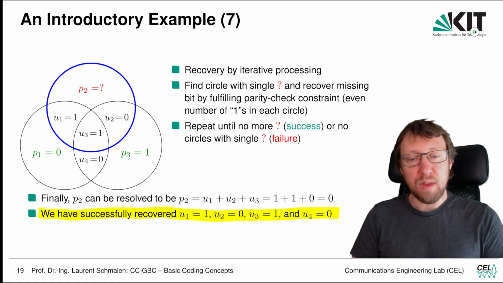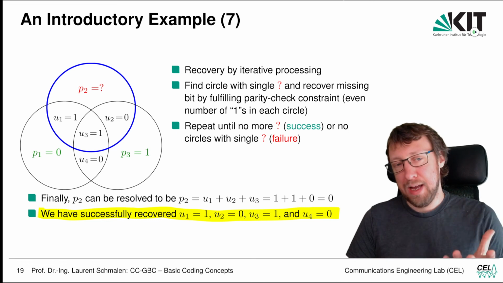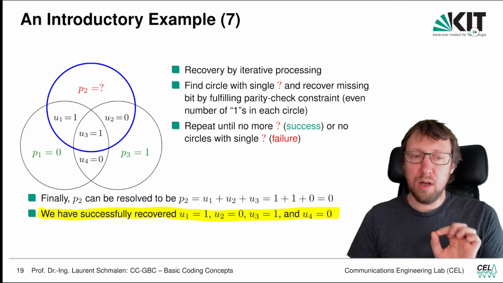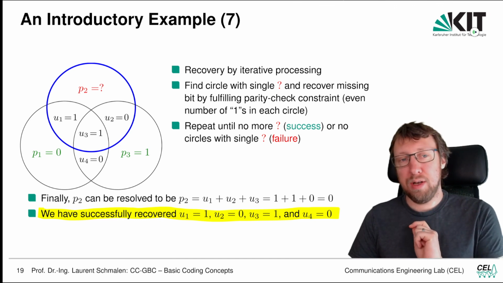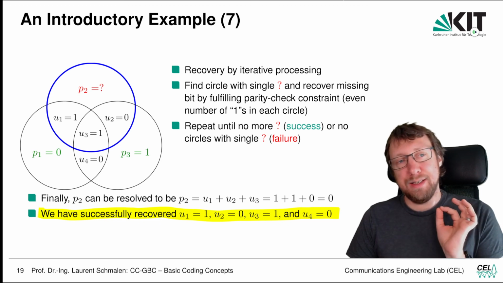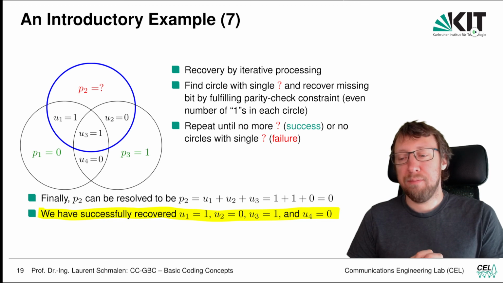Perfect. That was the very simple introductory example, and that's the very famous Hamming code with a very simple suboptimum decoder. It's not an optimum decoder, it's a suboptimal decoder for the binary erasure channel. But we'll see that we can design codes that work extremely well with this very simple decoder.